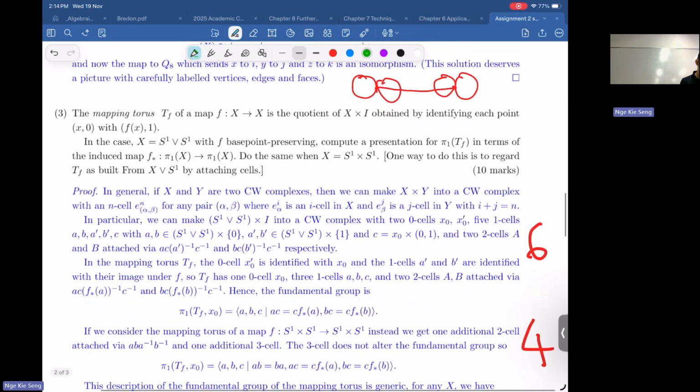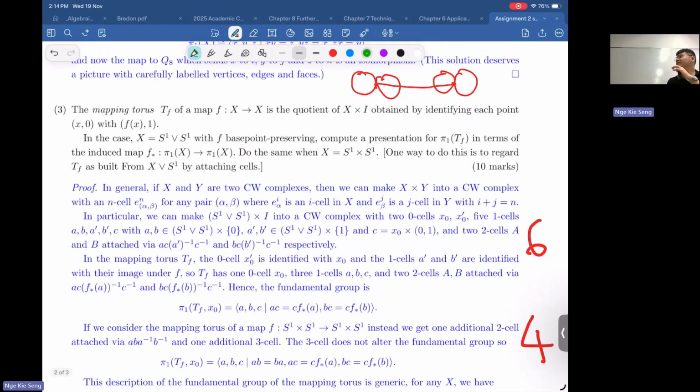The next one is about the mapping torus. If you look at the mapping torus, it's a map from X to itself.